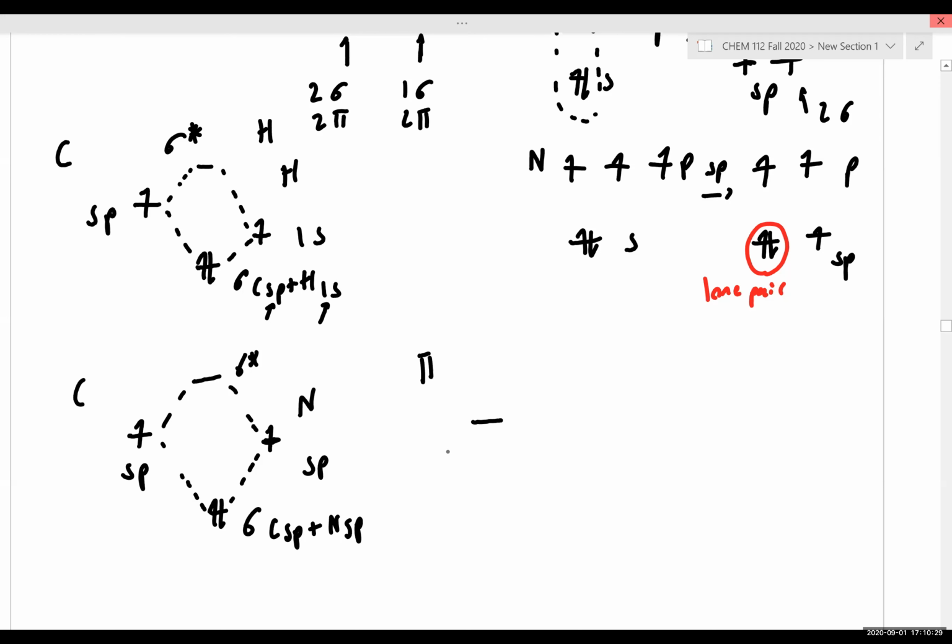So in the first case, we're going to look at overlap of a p orbital, and let's look at a pz orbital just for reference, so that way we can contrast it. So carbon is going to contribute its 2p orbital. Nitrogen will also contribute its 2p orbital because nitrogen has an available p orbital to form pi bonds.